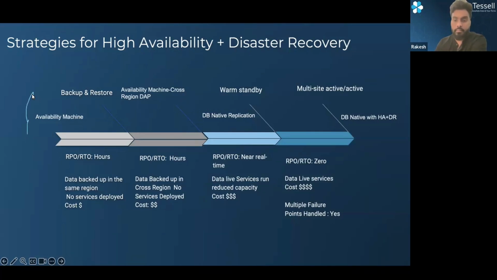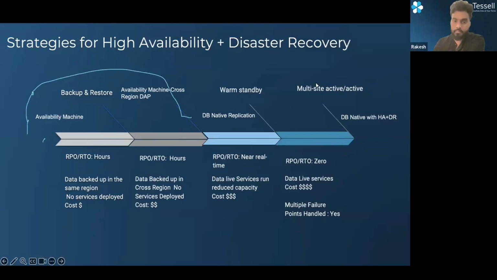So it depends on your application criticality and RTO, RPO requirements. For these ones, you're right, where RTO and RPO can range into hours, we recommend using the cheaper options where you just manage backups or snapshots to be moved into a different region or to the standard cloud storage, which Tessell takes care of, by the way, right?